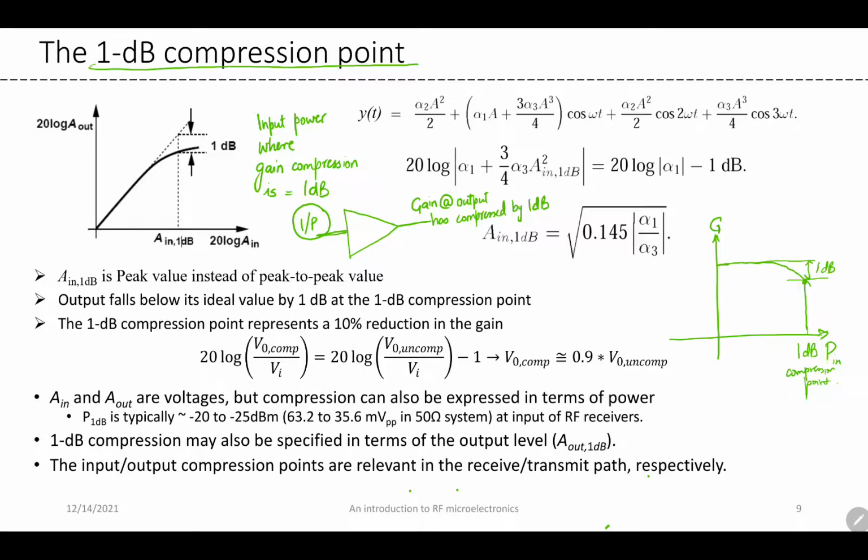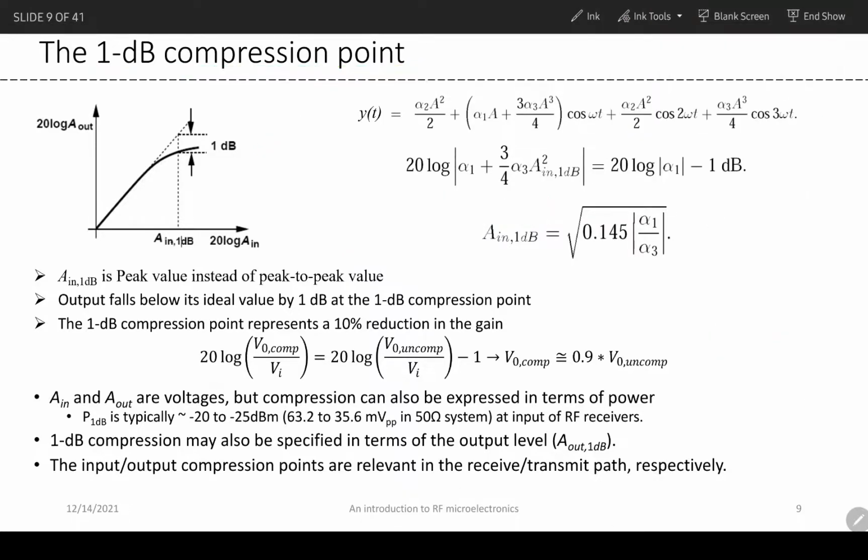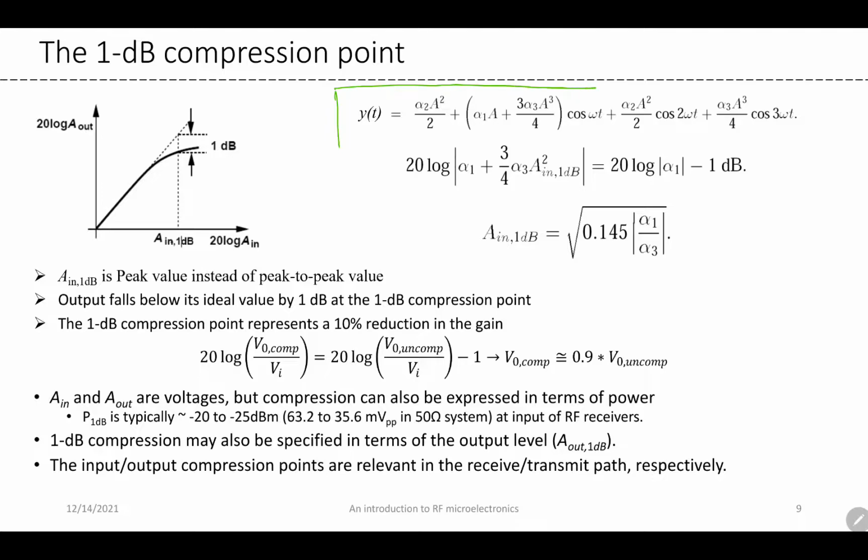Okay, now we can talk about this in terms of voltages as well. We have this relation, and in this relation, if I take this A out, this is A cos omega t.